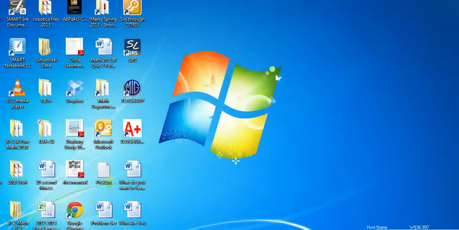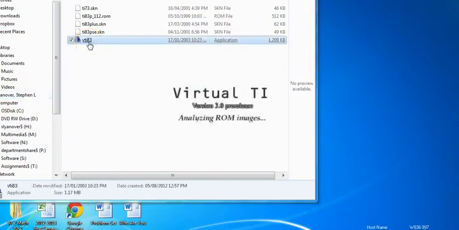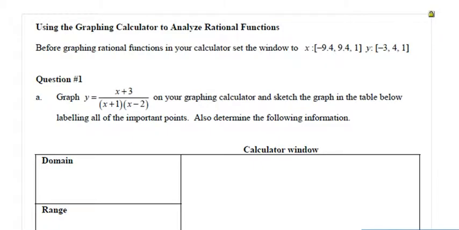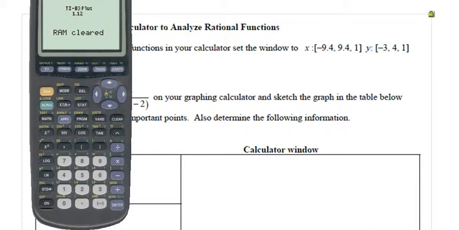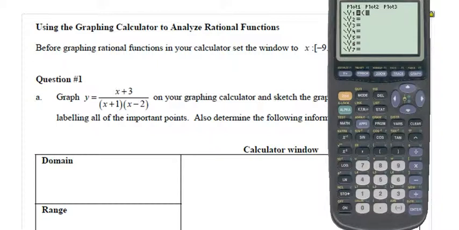If the line goes straight, basically. What was it? x plus 3 over x plus 1, x minus 2. Wait, is it going to the left then?